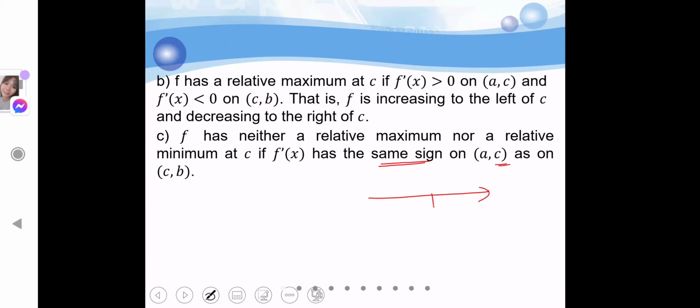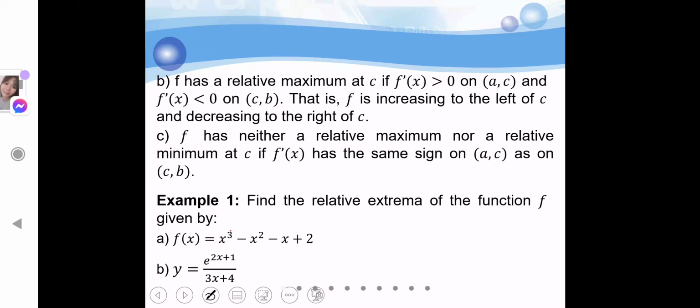That means plus plus or minus minus in here. f prime is the same sign on the left side and right side of c.